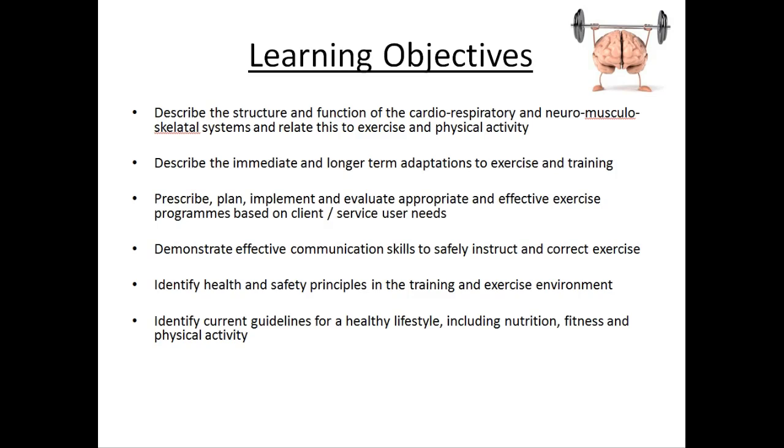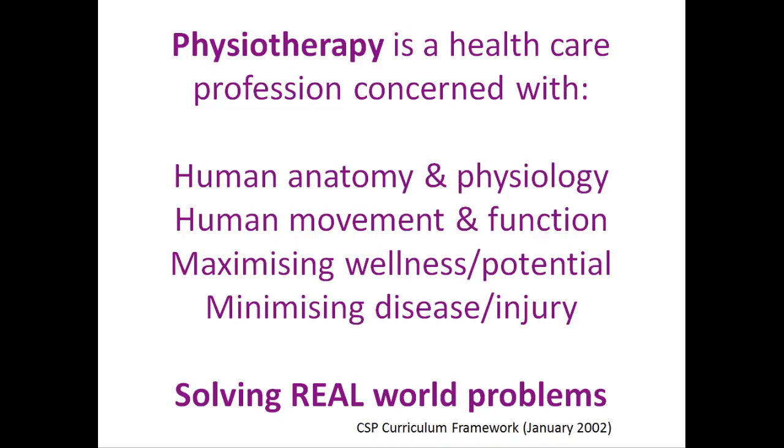To do this, you've got to be able to demonstrate effective communication skills so that you can instruct safely and correctly. You've got to be able to identify health and safety principles in training and exercise, including the environment, and you've got to identify current guidelines for healthy living, nutrition, fitness and physical activity.